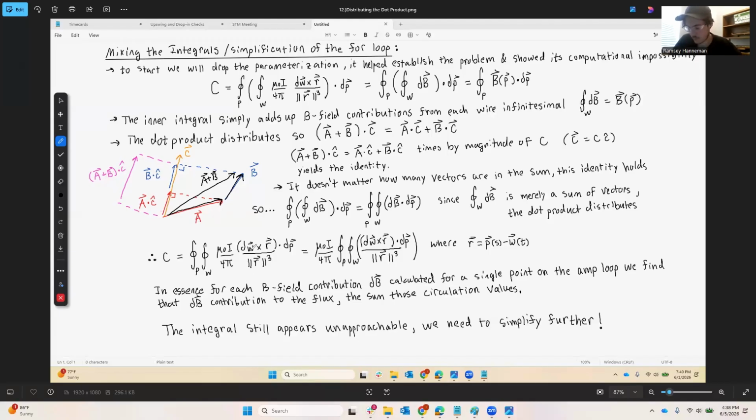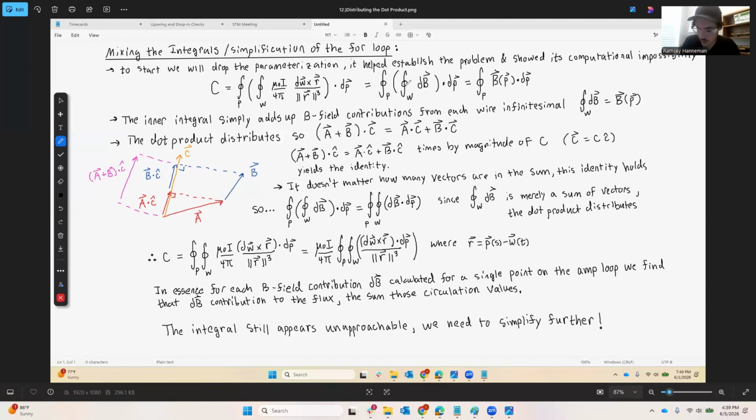I want you to notice that the projection of A in C's direction, right here, plus the projection of B in C's direction is the exact same as the projection of A plus B in C's direction. So in other words, the dot product is distributive. I can distribute dot C to A and dot C to B. Because of this picture, you can stack as many as you like.